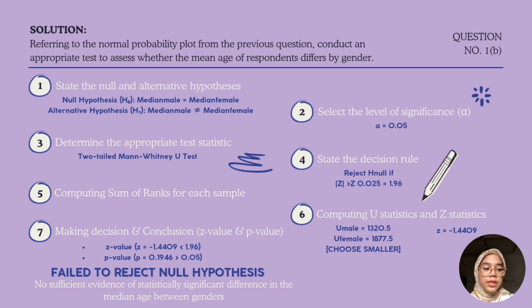Since the question did not mention any specific level of significance, we assume alpha equals 0.05. The third step is to determine the appropriate test statistic. As I mentioned just now, the previous plot is a non-normal probability plot. Therefore, we will be using a non-parametric test, which is the Mann-Whitney U test.